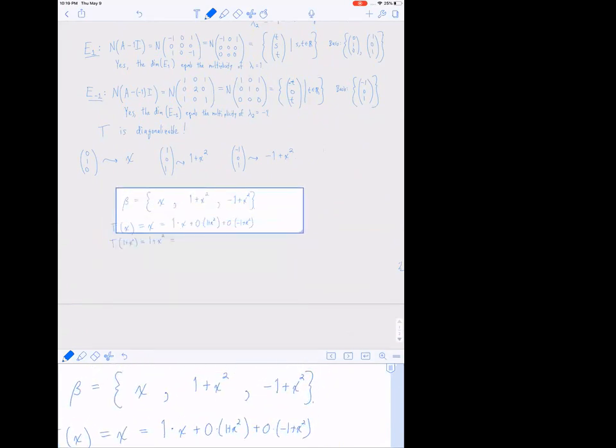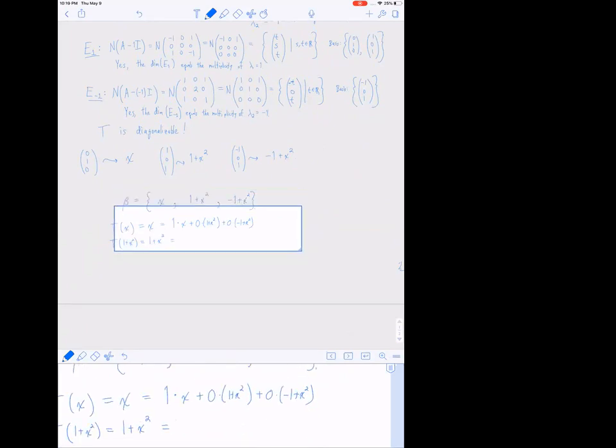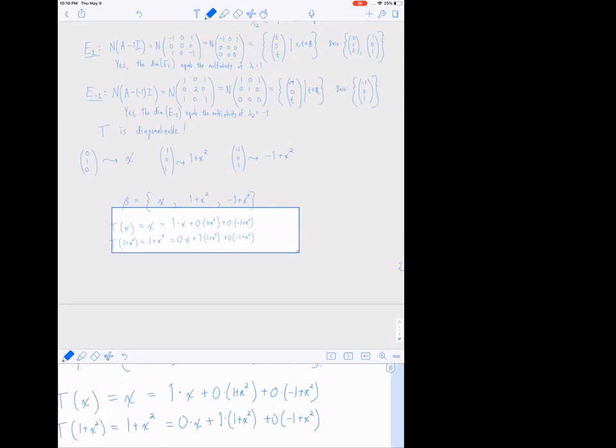But with respect to this basis beta, we can see that that is just the second vector in the list. So it's actually going to be 0 times the first vector x plus 1 times this middle vector 1 plus x squared, and then 0 times the last vector minus 1 plus x squared. So the second column of our matrix should be 0, 1, 0.